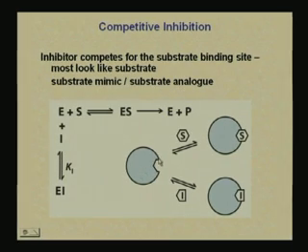So, if you want to design, say, an inhibitor that is going to act on this particular active site of this enzyme, you have to design something that looks like the substrate. So, what you do is fool the enzyme basically into believing that it is actually binding the substrate, but it is binding the inhibitor. And what are you doing? You are decreasing the activity in a sense of the enzyme.